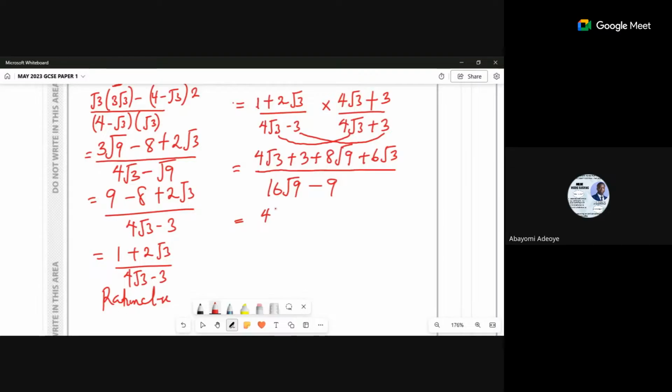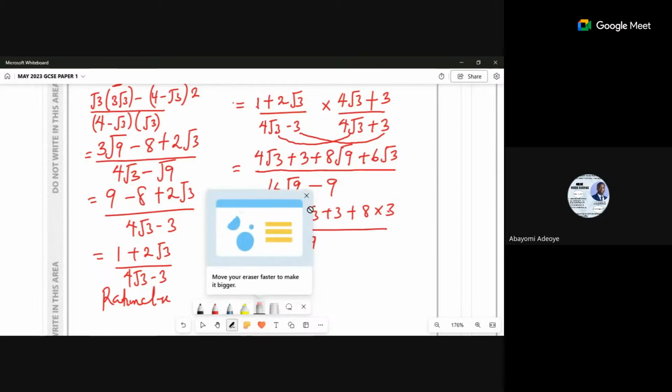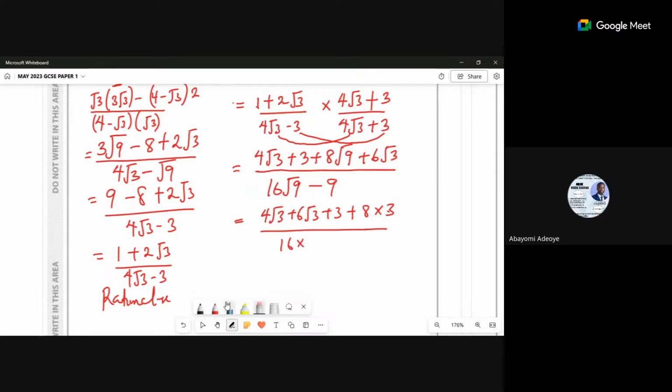When you collect the like terms, 10 root 3. Okay, plus 8 times 3. Root 9 is 3 over 16 times 3 minus 9.